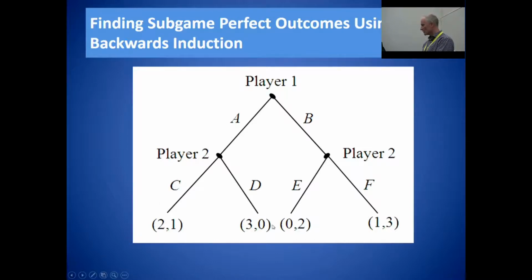When he does that, the game ends, with outcomes 2 to player 1, 1 to player 2. If, though, player 1 chooses B, player 2 then chooses over the available choices of E or F. And then if he chooses these, the game ends with these payoffs down here. Remembering again, the first figure is the payoff to player 1. The second figure is always the payoff to player 2.